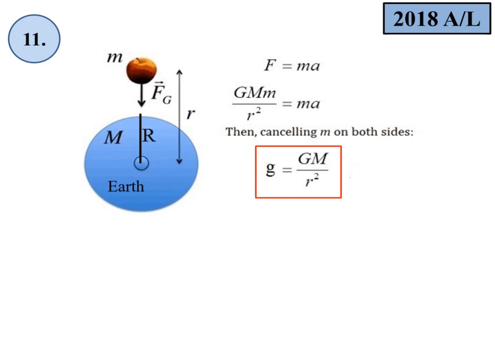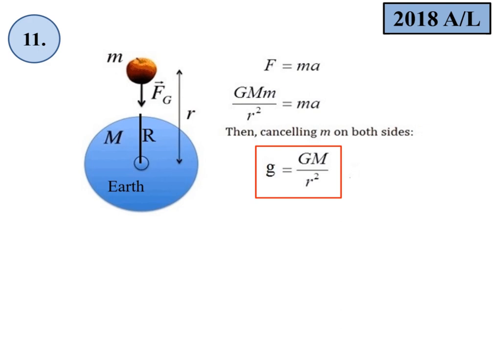There is only the gravitational force, so capital G capital M small m divided by small r squared equals ma. Here a is the gravitational acceleration, so we put small g there, and small g equals capital G capital M divided by small r squared.